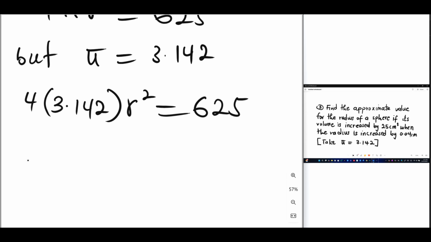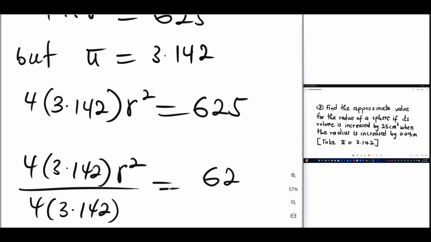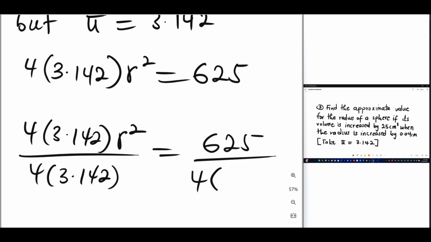We divide through by the coefficient of r squared, which is 4 multiplying 3.142, on both sides.